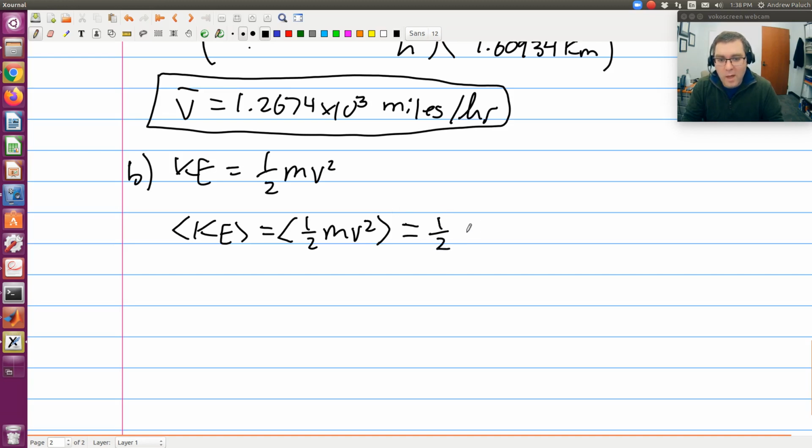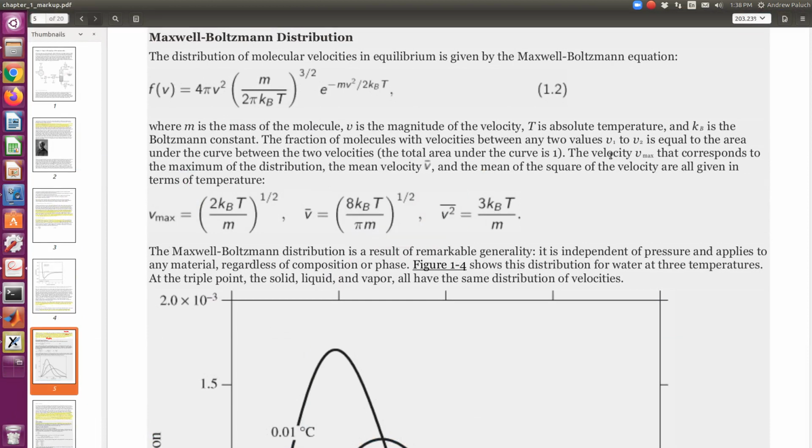So this will be 1/2 m times the expectation value of v squared, or I'll just write it as 1/2 m v squared bar.